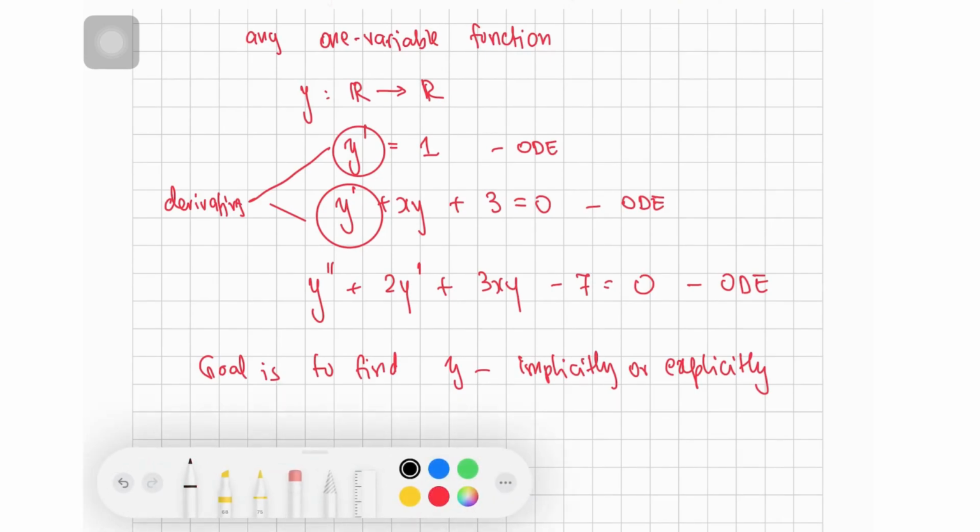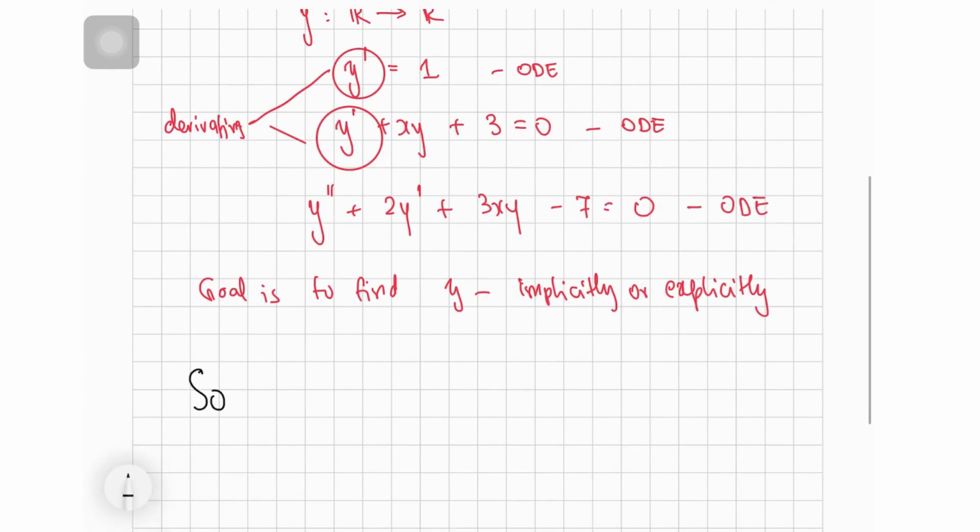So I will just make here what is a solution.